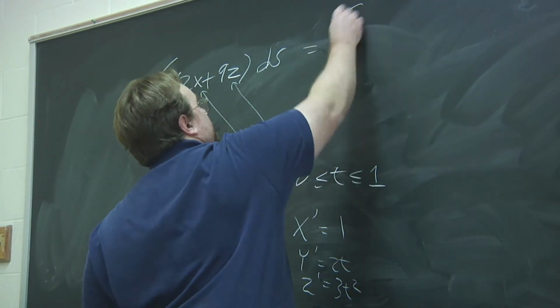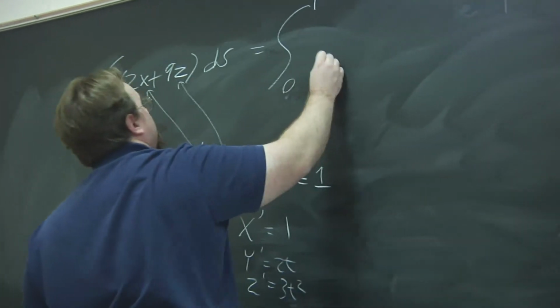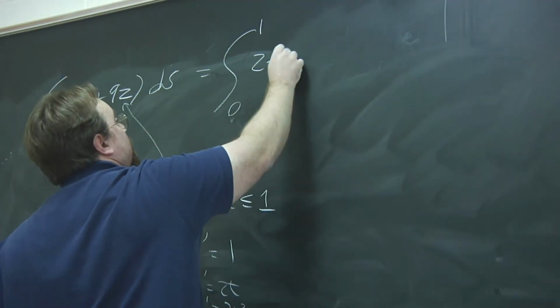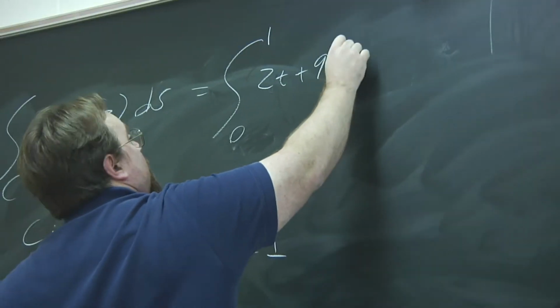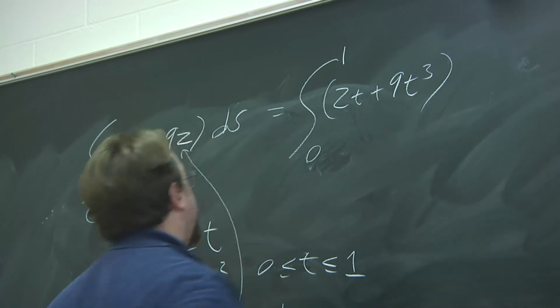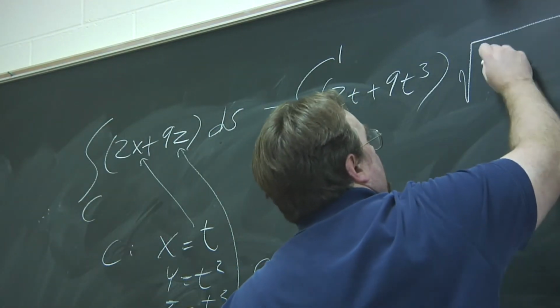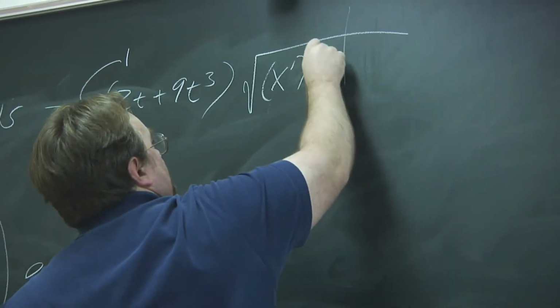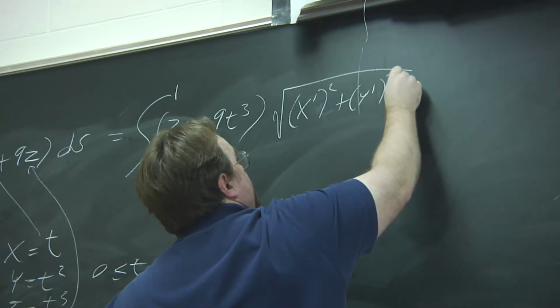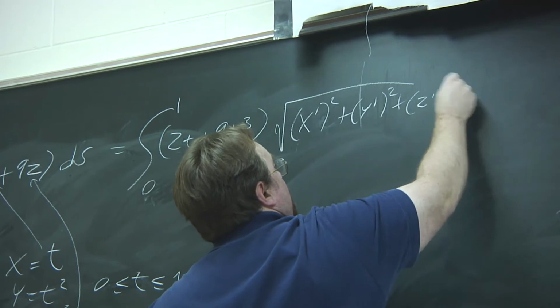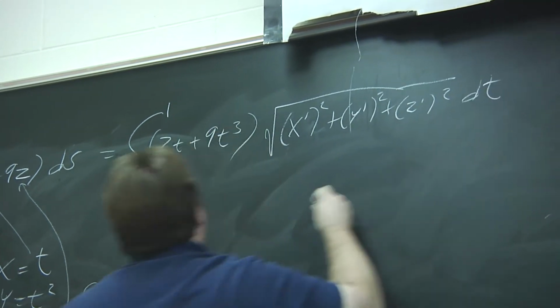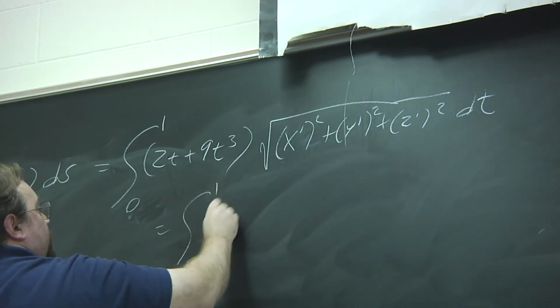And since we're integrating with respect to t, we'll go from 0 to 1. So we're going to get 2t plus 9t cubed. And then ds is going to be the square root of x prime squared plus y prime squared plus z prime squared. So now we'll fill in what that is.